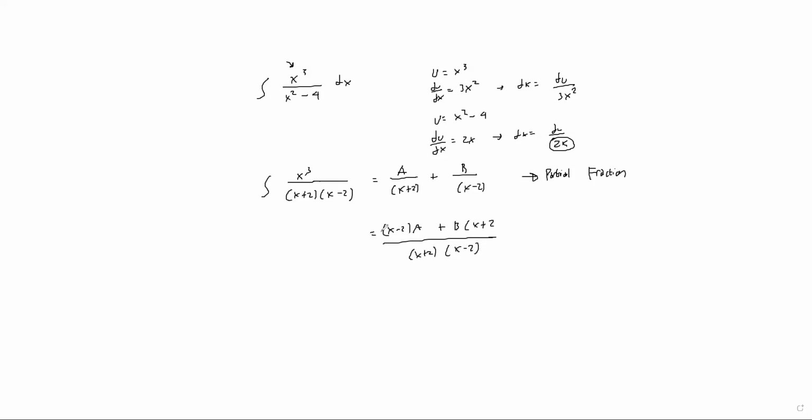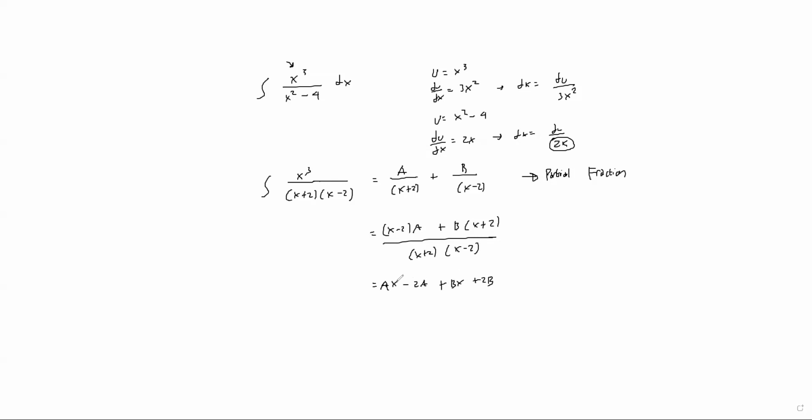Now let's expand these brackets. We end up with ax minus 2a plus bx plus 2b.